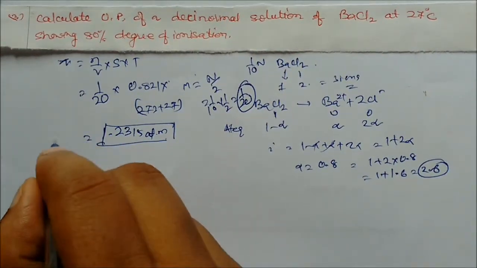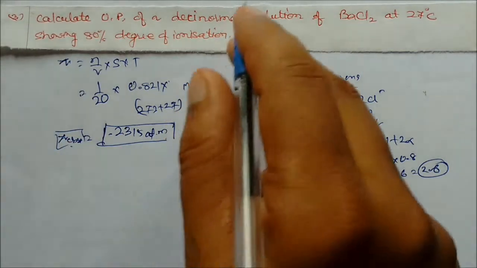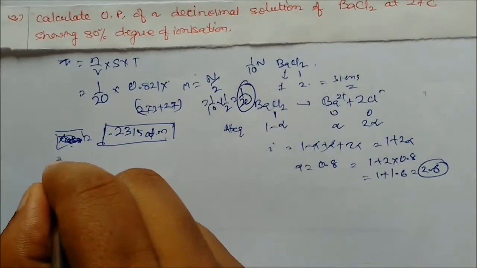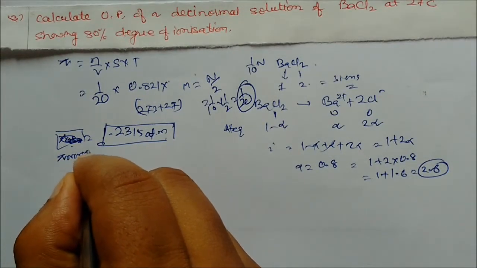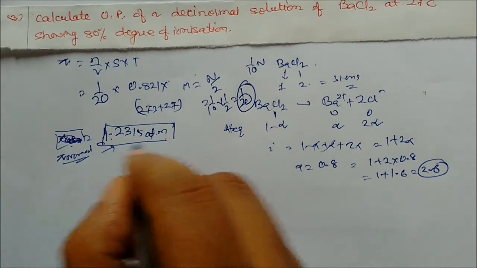This pressure is nothing but the pi observed pressure, experimental pressure, because we are multiplying with the, no, sorry, this is not observed, this is the normal pressure we are getting. So 1.2315 is normal.